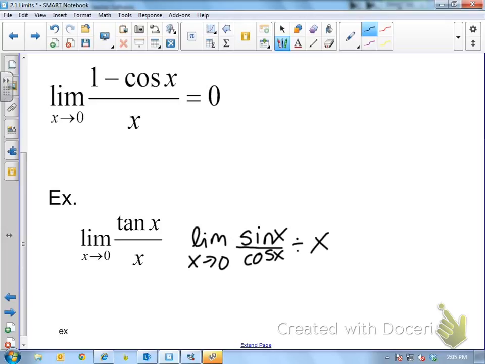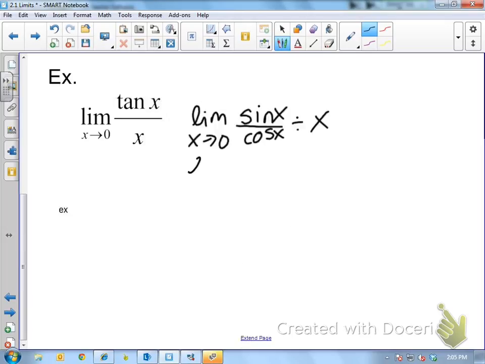So that means, really, we're multiplying by 1 over x. So we're getting closer to what we want.